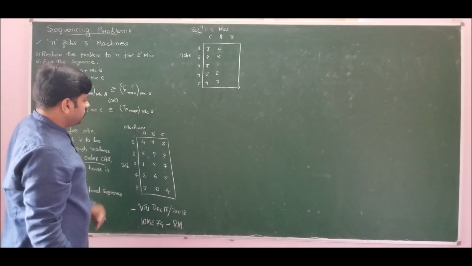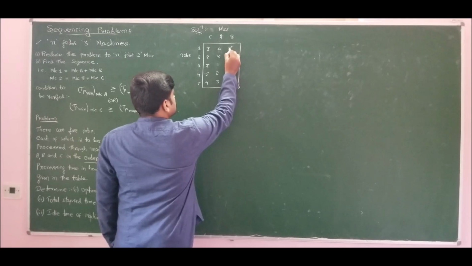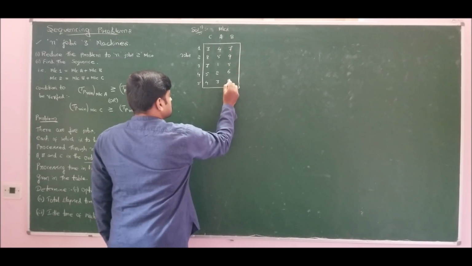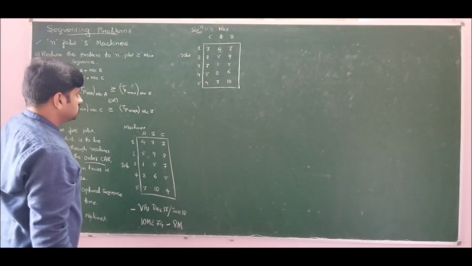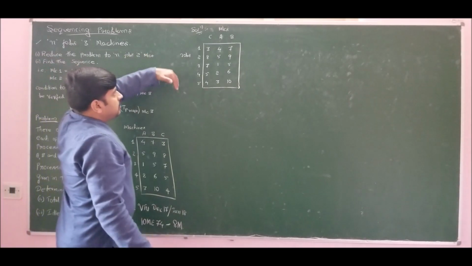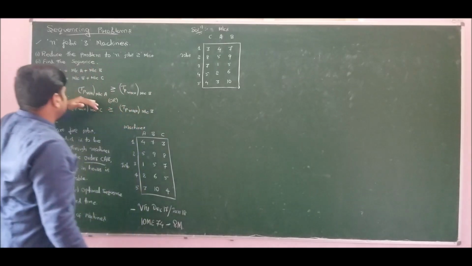And then we have machine B: 7, 9, 5, 6, 10. Now, before solving the problem or finding the sequence, I should verify the condition.